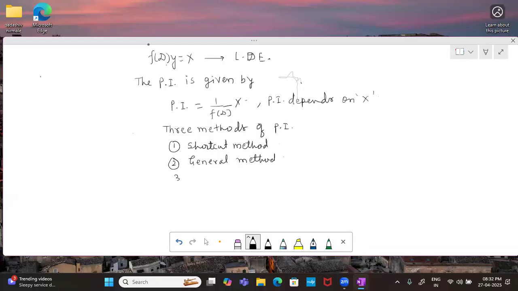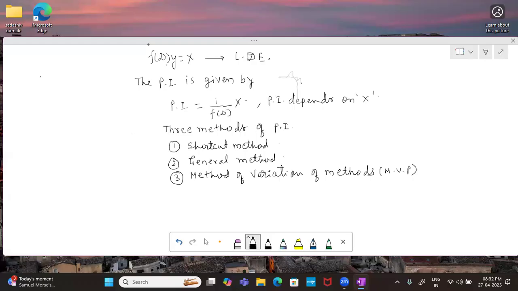And the third one is the method of variation of parameters, also called MVP. This method is used only when it is given in the question to solve by MVP.